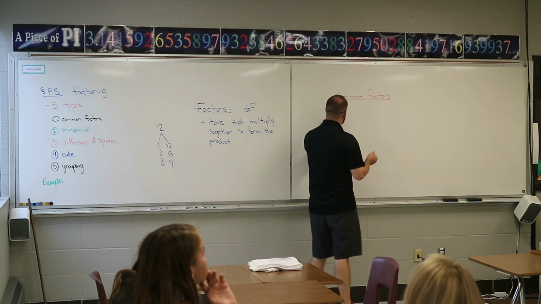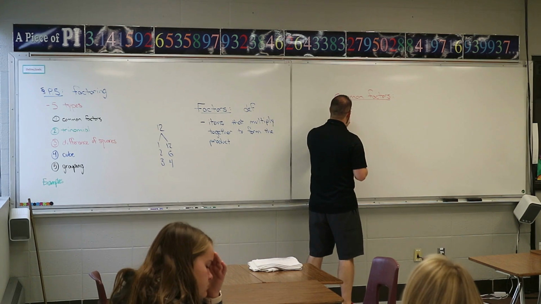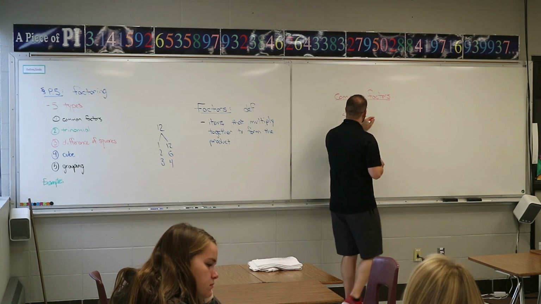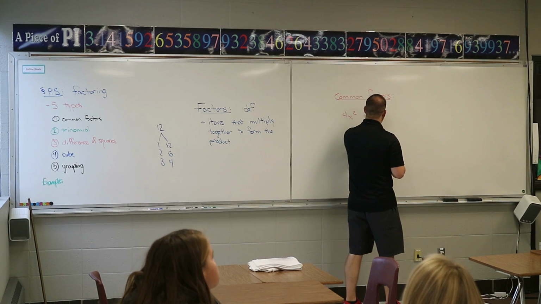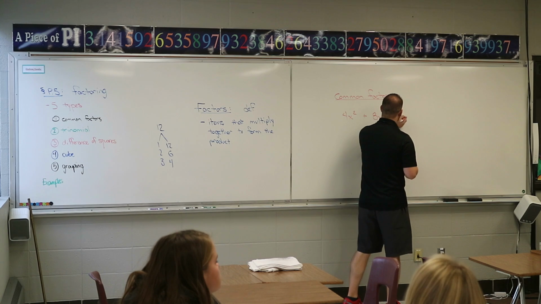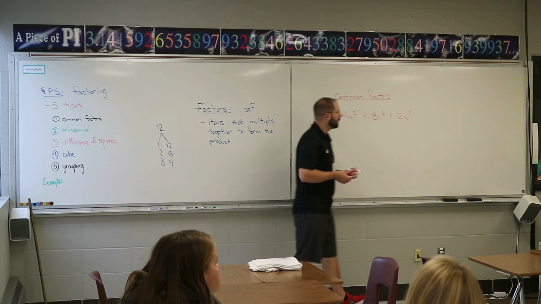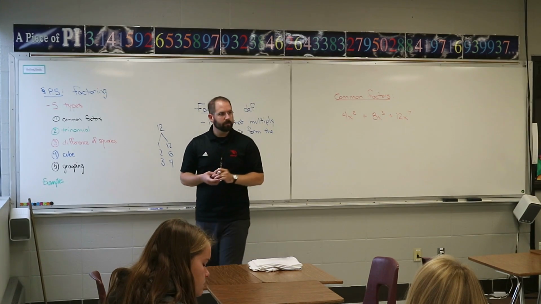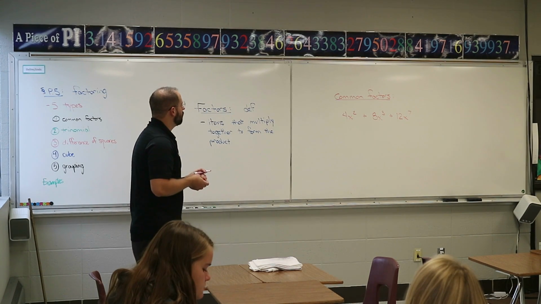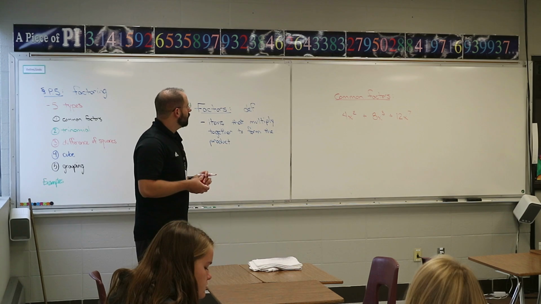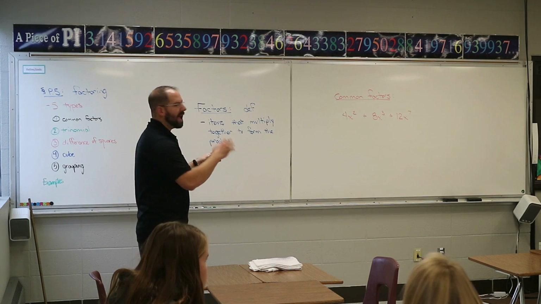So one of the examples I think I had yesterday on the board was something like this: x squared plus 8x to the third plus 12x to the 7th. I'm just going to make that. So when you're going through this problem, it doesn't matter if it's adding or subtracting.